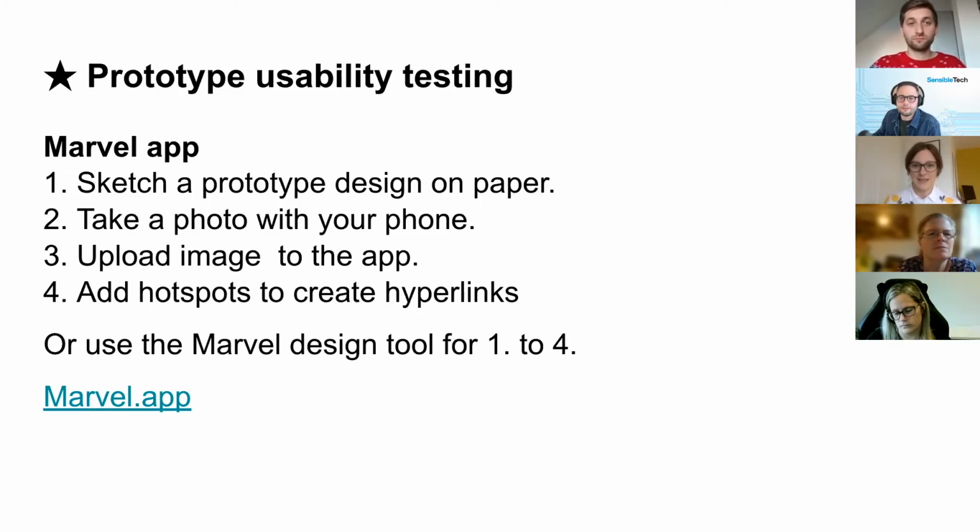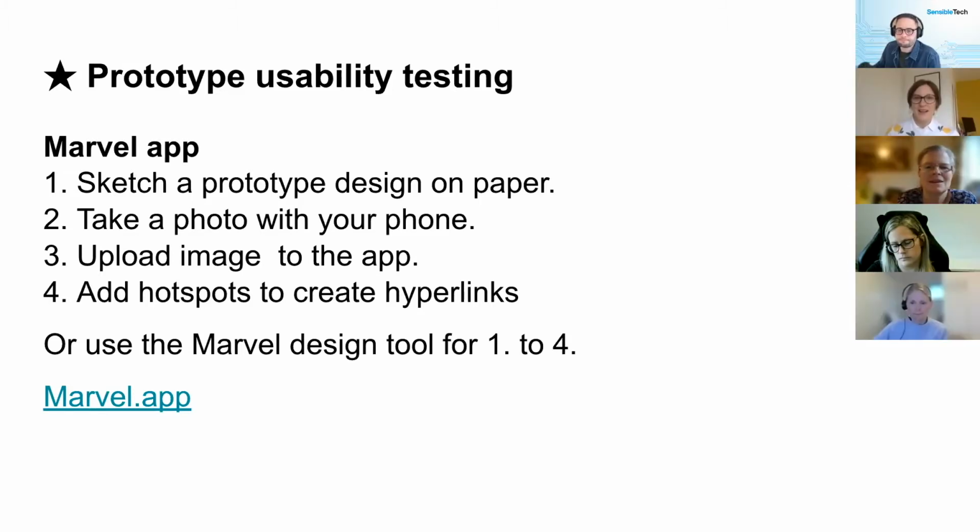Next slide, please. Just before we do, I think Adrian's just popped his hand up. Hi, I just wanted to ask, it might be a bit of a dim question, what hotspots were. Oh, sure. It's what they call it in Marvel for adding a link. So you've got your sketch, and say you want to have one that says apply here, or apply now.